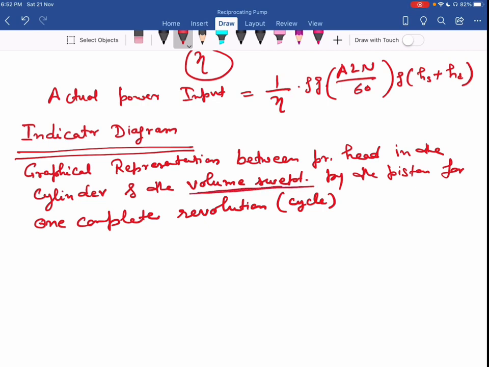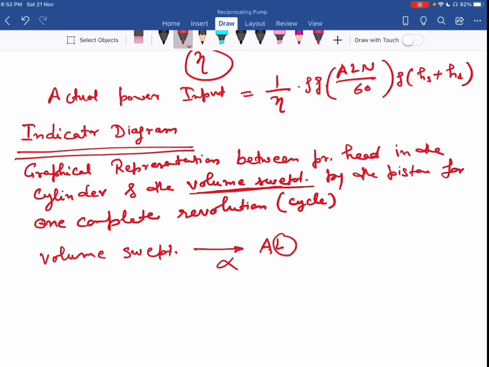This swept volume you can see. Now this swept volume is A into stroke length, the area of the cylinder multiplied by the stroke length. For a given cylinder, this volume swept is proportional to the stroke length.